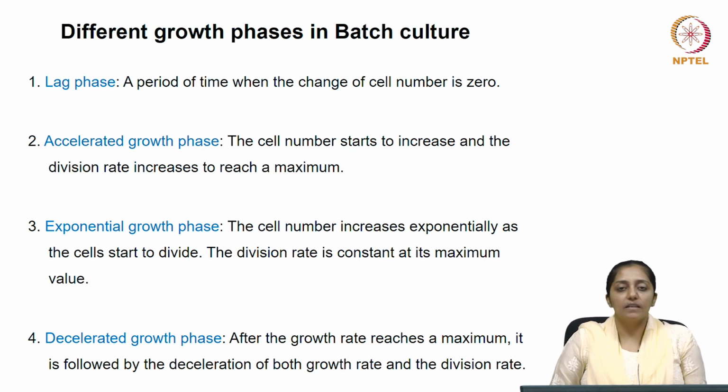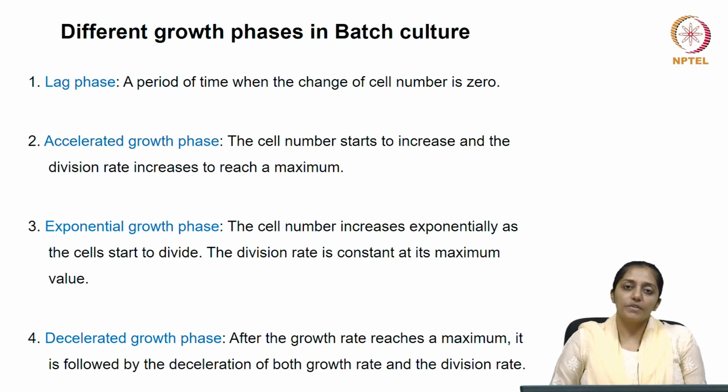So, during the acceleration growth phase, the division rate reaches its maxima and the cell number continues to increase. Then comes the exponential growth phase. Now, what is the exponential growth phase? This is the time when the cell starts dividing at maximum division rate, and the cell number will change exponentially with time. The division rate is constant at its maximum.